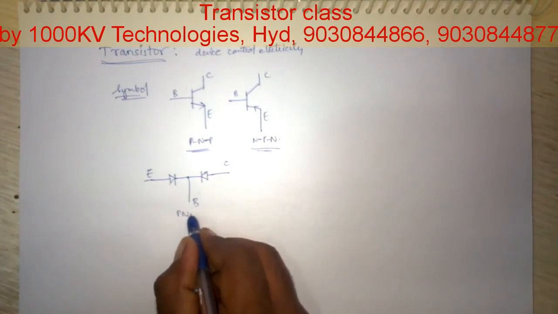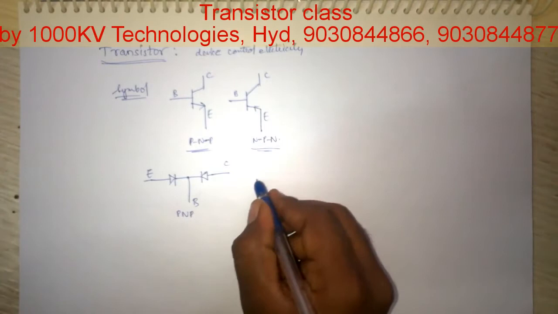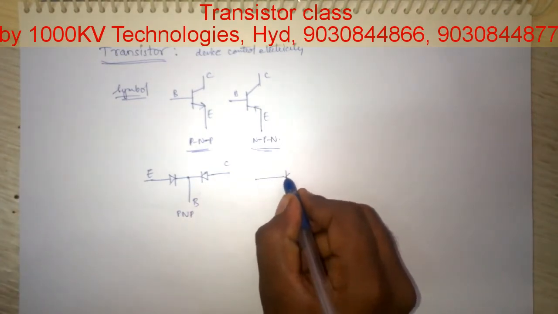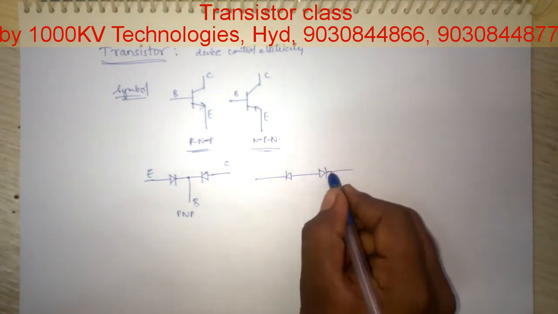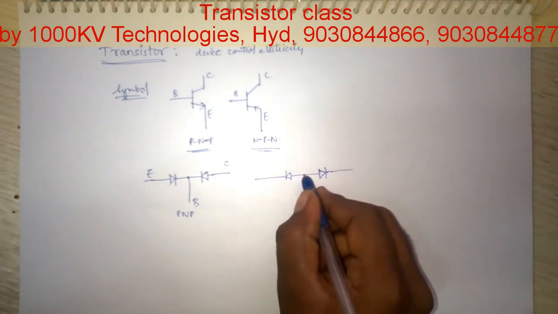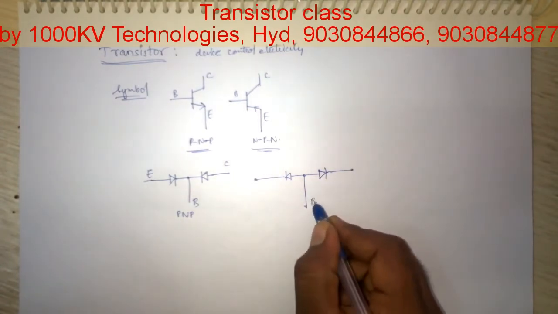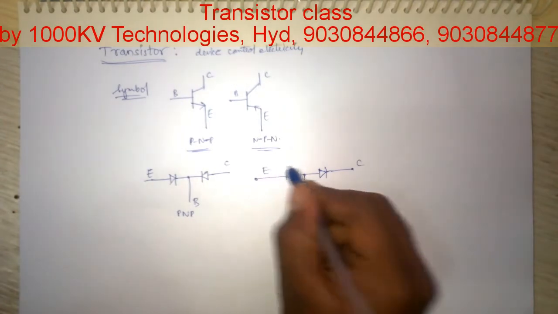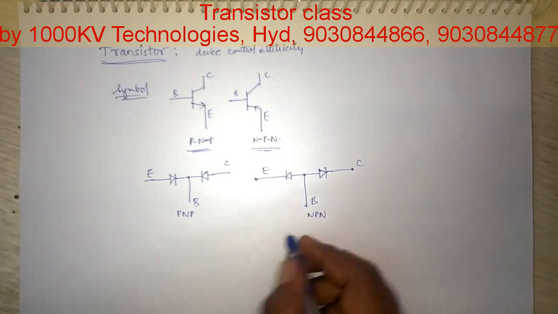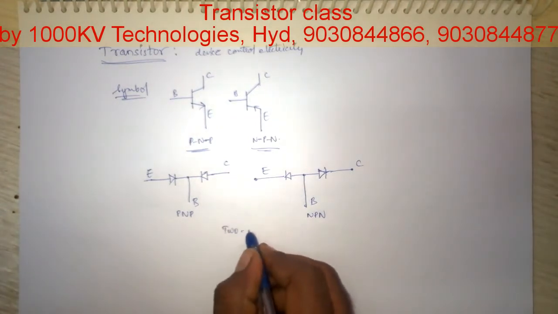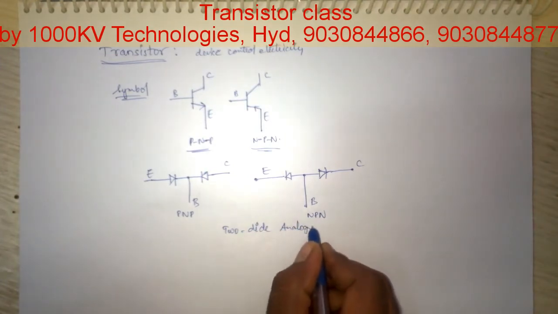This is a PNP transistor notation in diode analogy, and this is a base, collector, emitter. This is an NPN transistor. This is in two-diode analogy notation.